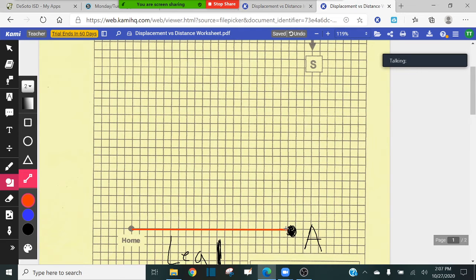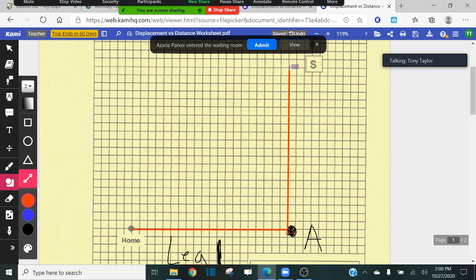Okay, so 10 centimeters straight north. That's 10. I'm sorry, that's 20 blocks. So 1, 2, 3, 4, 5, 6, 7, 8, 9, 10, 11, 12, 13, 14, 15, and then 16, 17, 18, 19, 20.